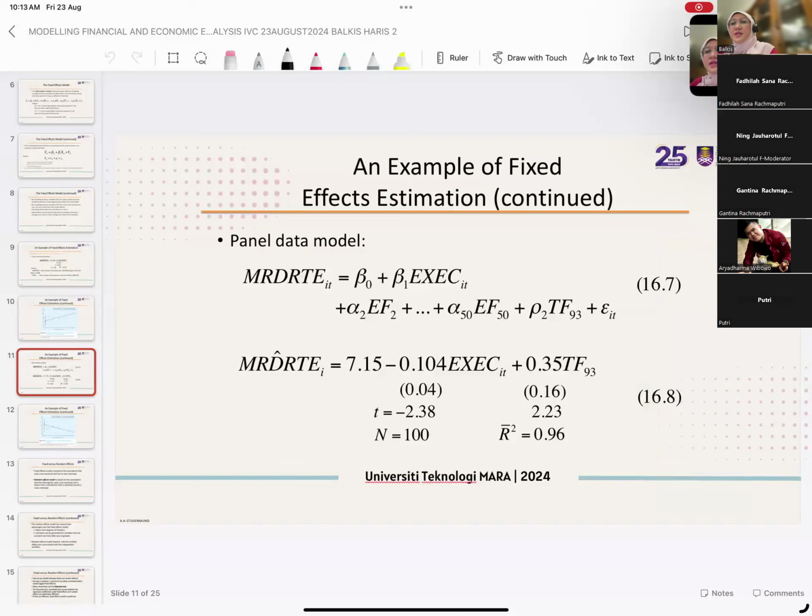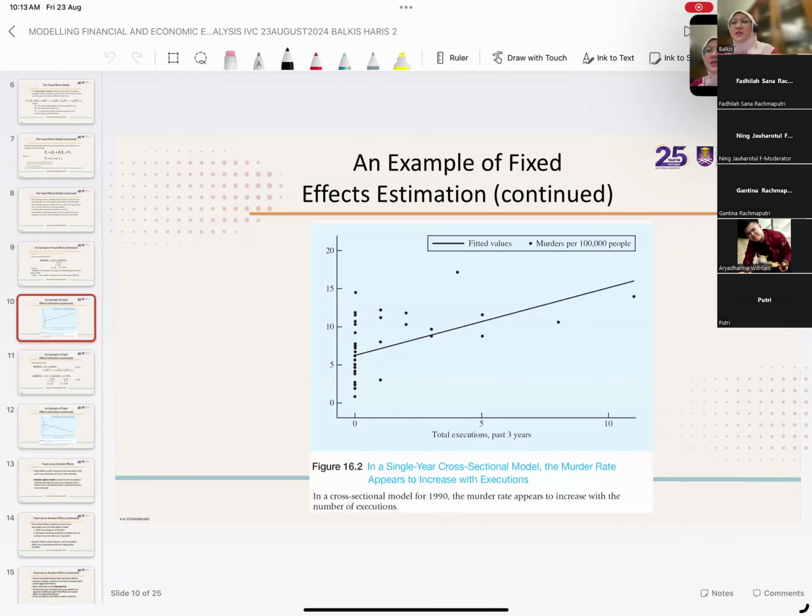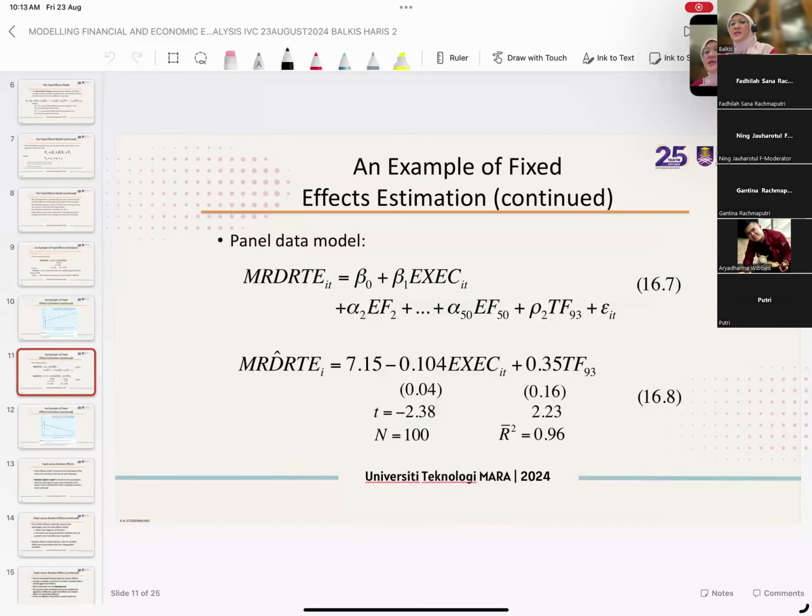If we include the panel data for the fixed effects, this is under pools, yeah? And this is under fixed effects. We include the time effects and also the individual effects.